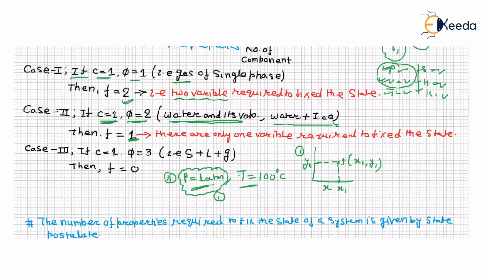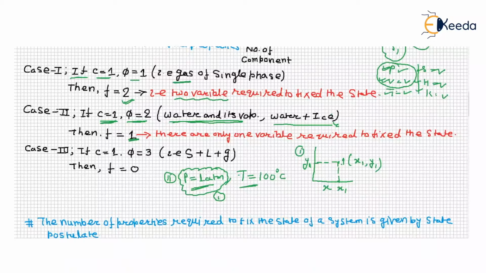If your water has atmospheric pressure 1 atm and you are trying to convert it into its vapor, 1 atm pressure is given, so the temperature is automatically fixed. That means if you define only one property, the other property is fixed, right?